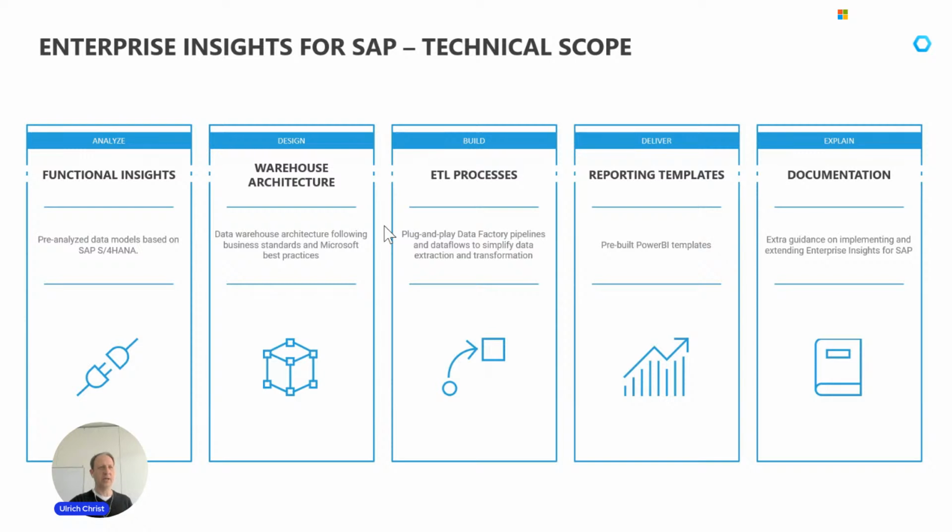We put Power BI dashboards on top, reporting templates, so that you can also see and visualize the data and leverage it right away. There's also a lot of documentation on this, so that you can not only use these data models and these flows out of the box as they are, but we also describe how they work so that you can reuse certain pieces, you can modify them, that you understand how they work, and you can basically also learn from that.